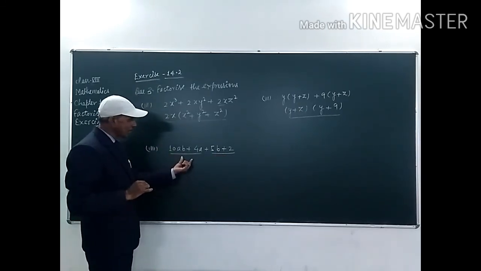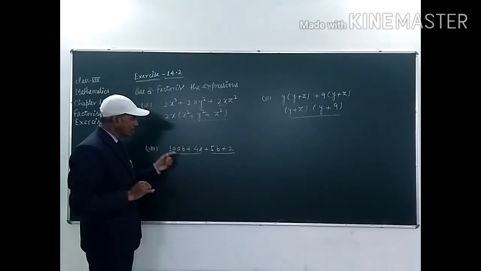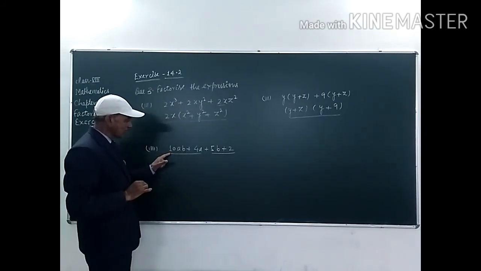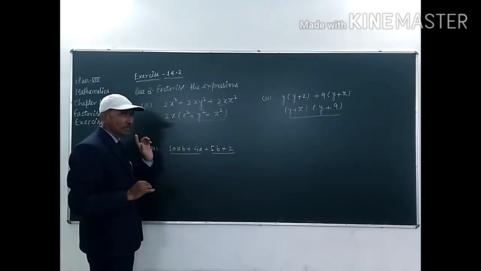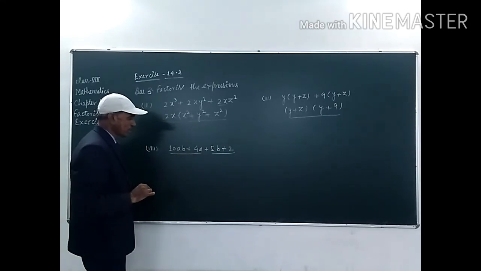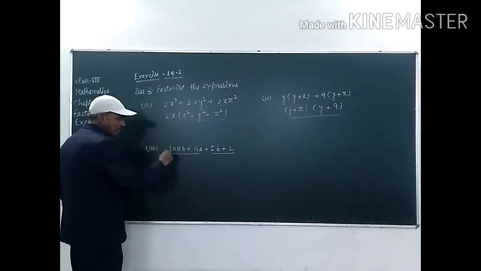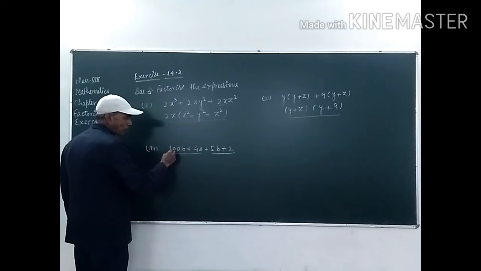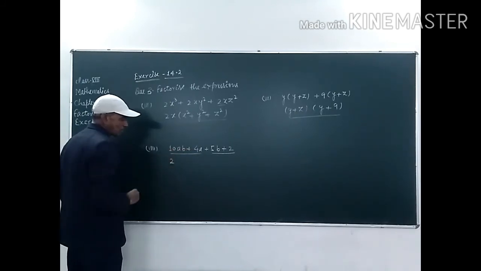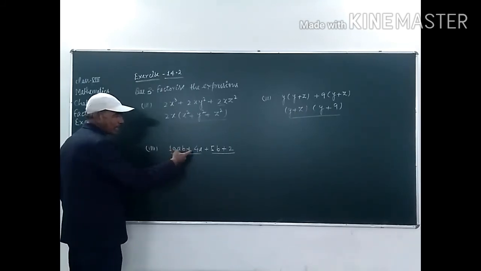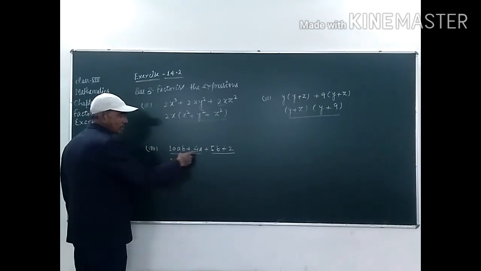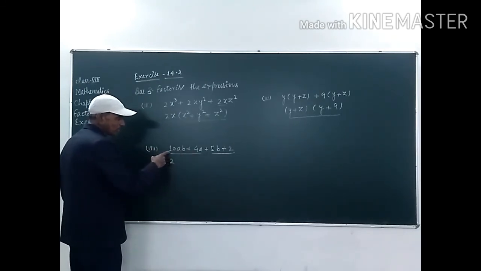And what is common in this pair? There are 2 terms. First term is 10ab and second term is 4a, students. And in this 10 and 4 there is 2 common, students, because 2 5s are 10 and 2 2s are 4. So 2 is common, students.